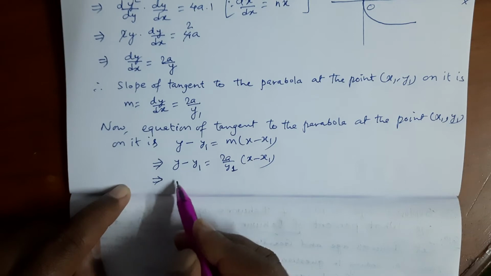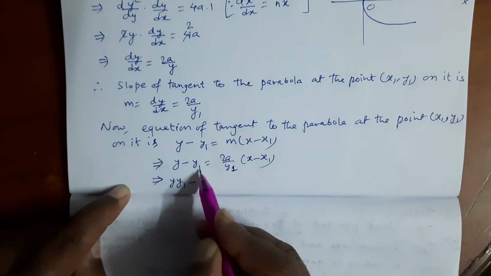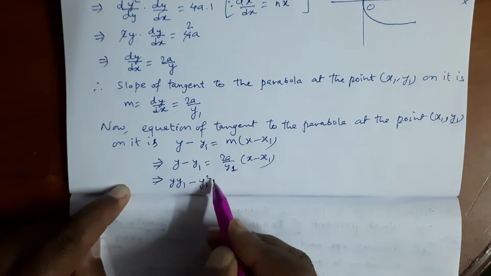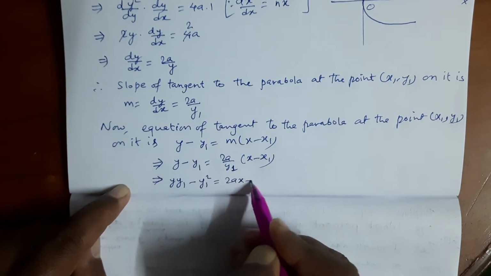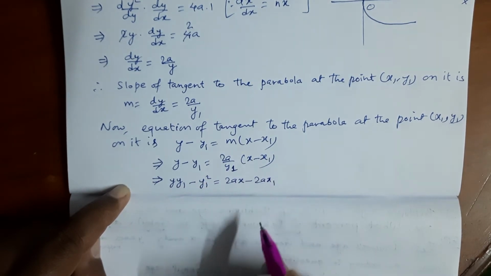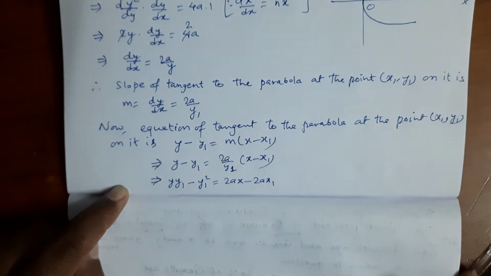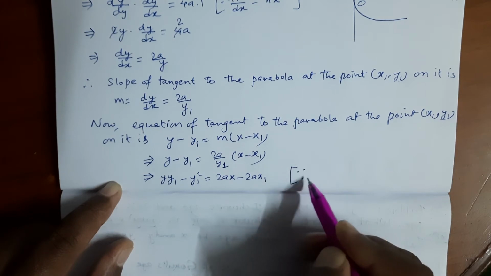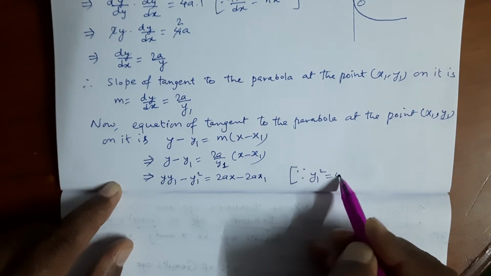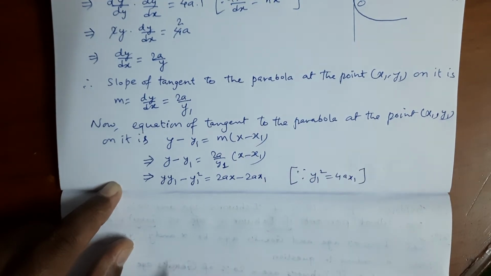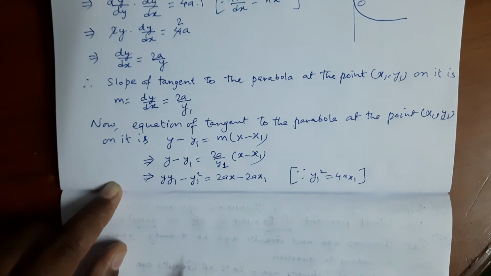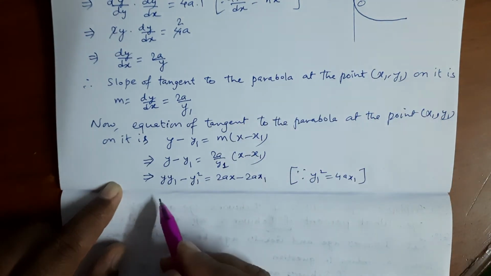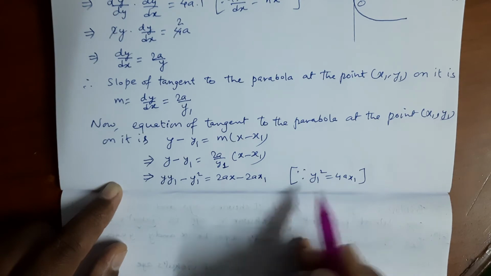This implies y times y1 minus y1 times y1, that is y1 square, equals 2ax minus 2a x1. And as you know that the point x1 y1 lies on the parabola, so y1 square equals 4a x1. So in place of y1 square we can write 4a x1.